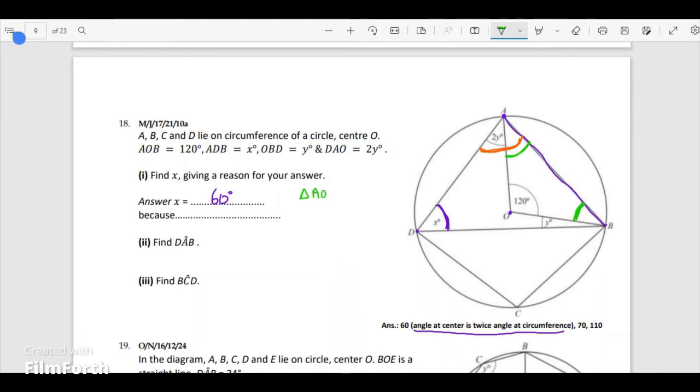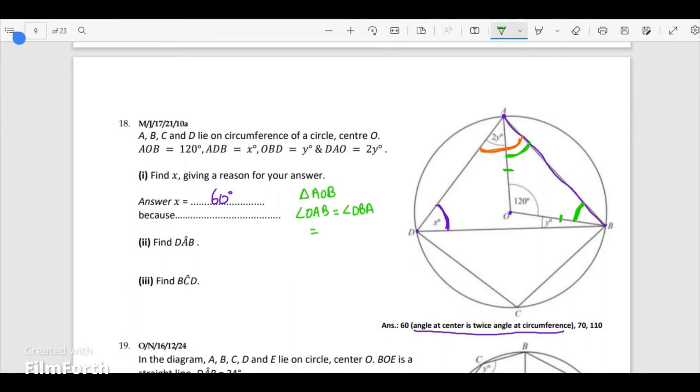So working out this angle and this angle that I marked with green, I'm looking at triangle AOB. In this triangle, if you notice, OA and OB are radii, so hence this is an isosceles triangle. So angle OAB and OBA would be equal. Angle OAB would be equal to angle OBA because it's an isosceles triangle.